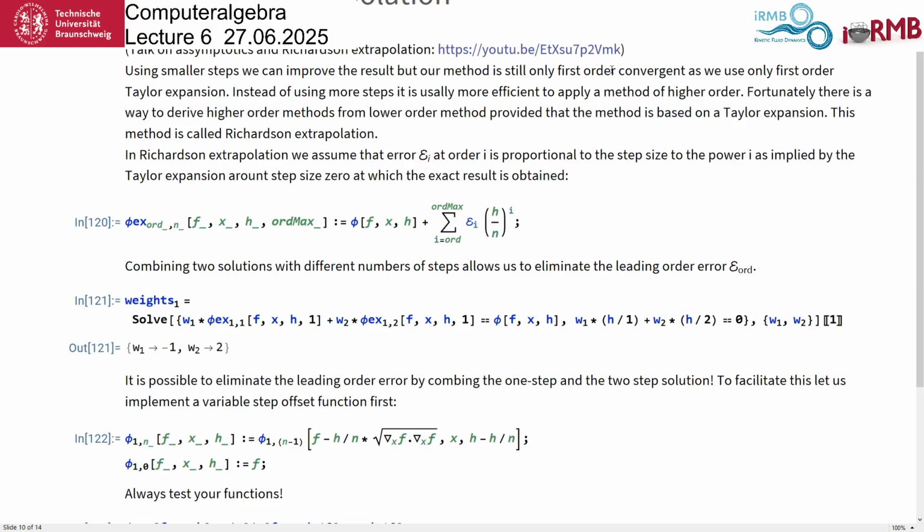Richardson extrapolation is the idea that if you have acquired numerical solutions to problems using different step sizes, so what you usually need is a smallness parameter.